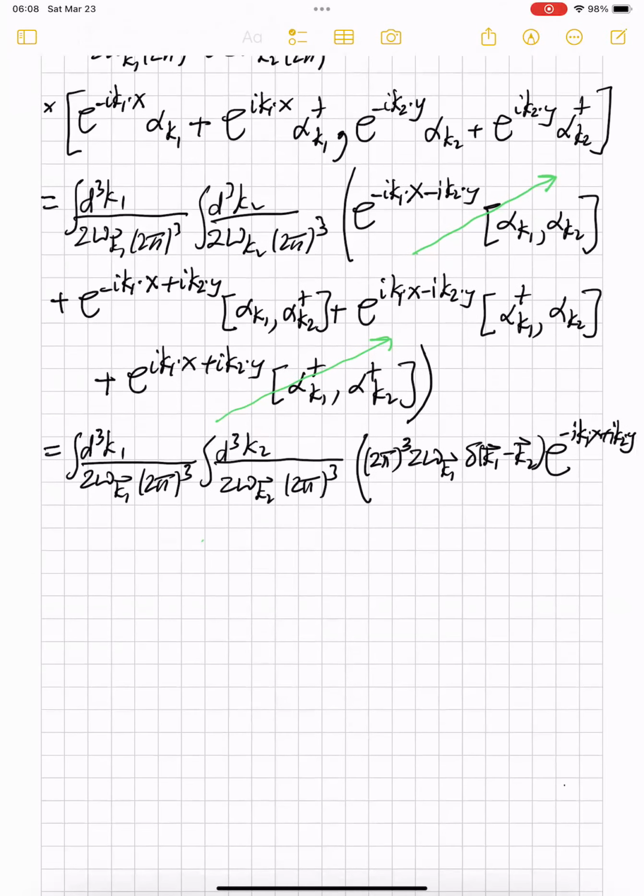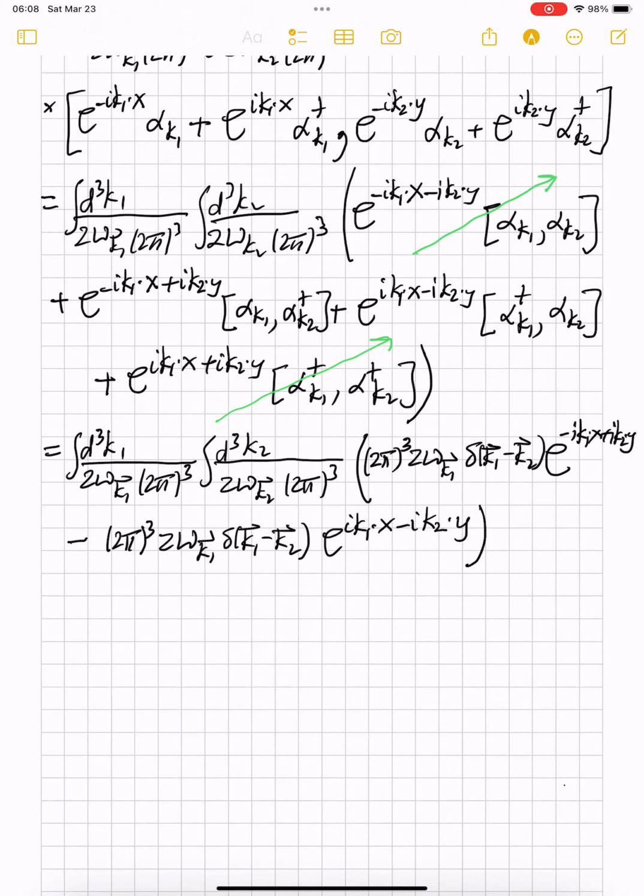Then we've got a minus 2 pi cubed, 2 omega k1, delta of k1 minus k2, and the exponential e to the i k1 dot x minus i k2 dot y.